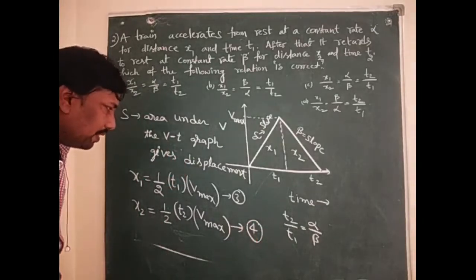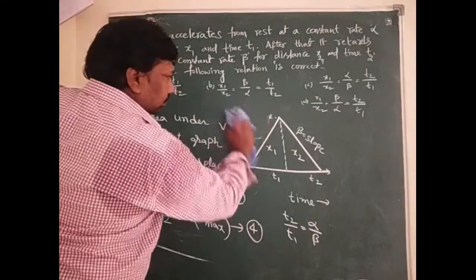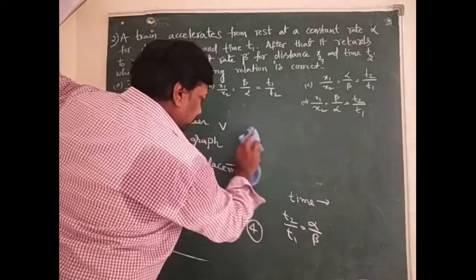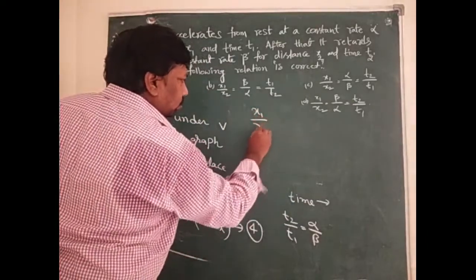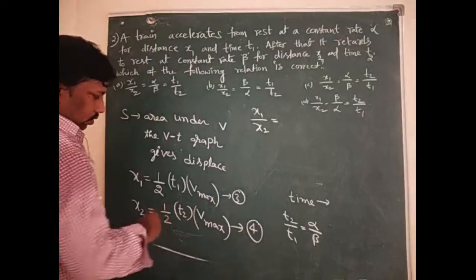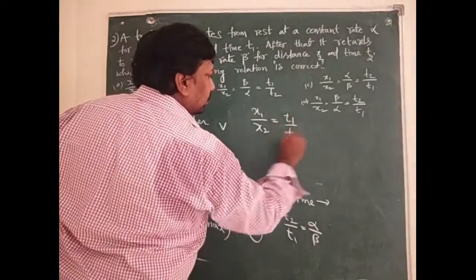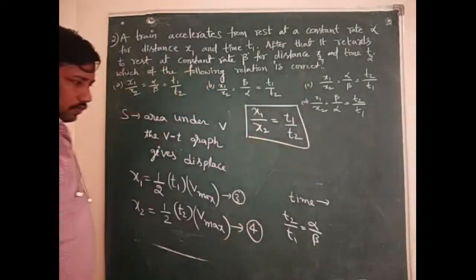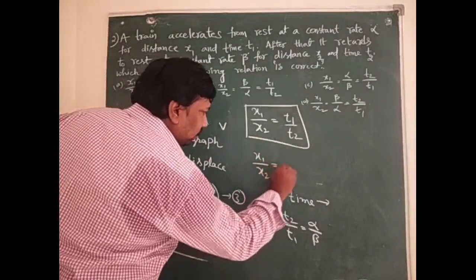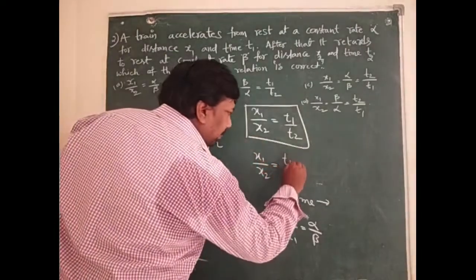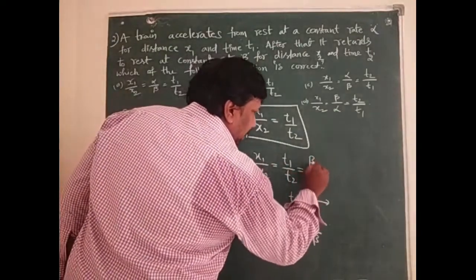Now equation number 3 by equation number 4, we get x1 by x2 is equal to, so half cancels, v maximum cancels, t1 by t2. So x1 by x2 is equal to t1 by t2 is equal to beta by alpha.